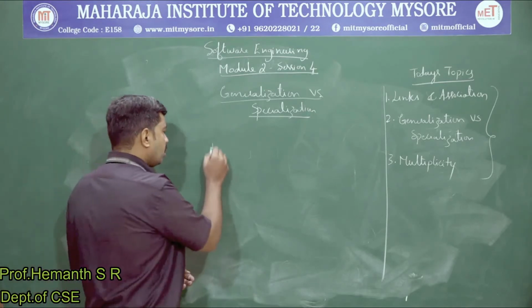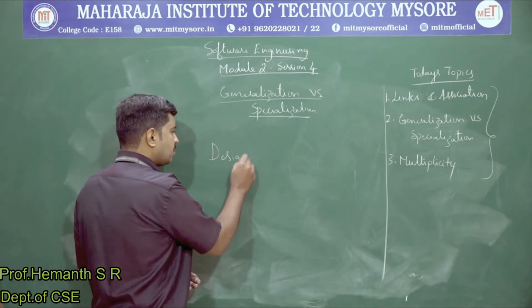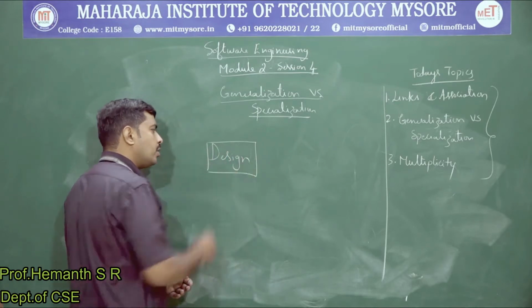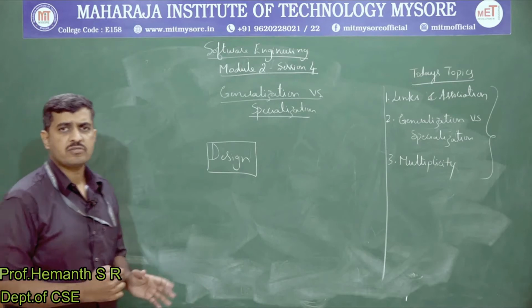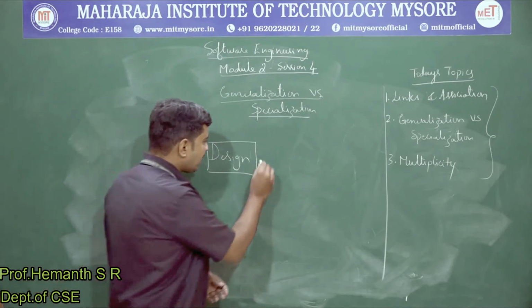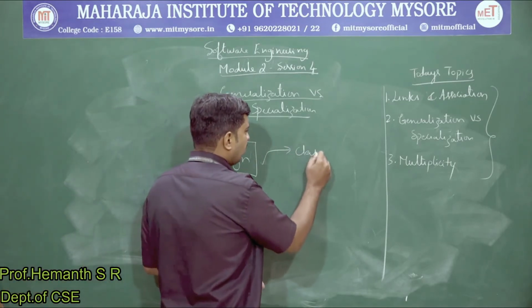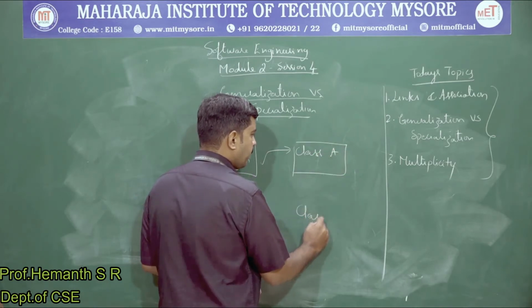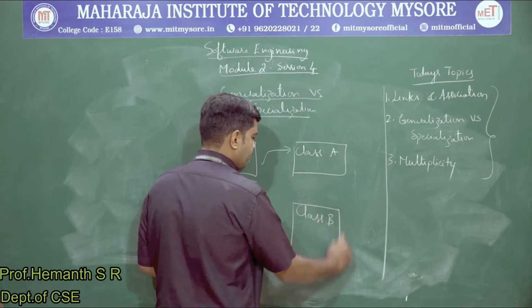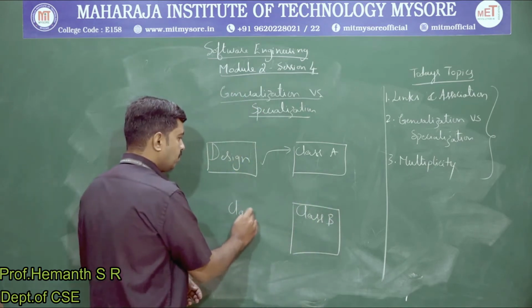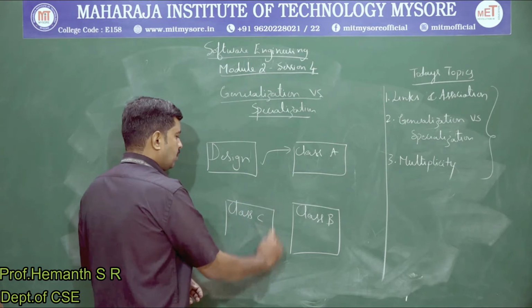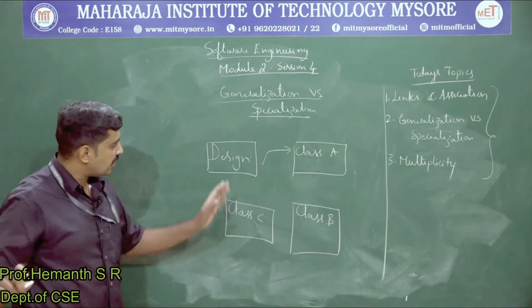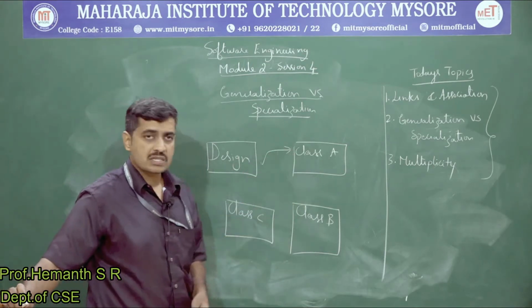So when you are designing a system, when you are coming up with a blueprint for a software, you can have different classes. Maybe I'll call it class A, class B, class C. So in object-oriented modeling, as part of the design, you can have different classes.